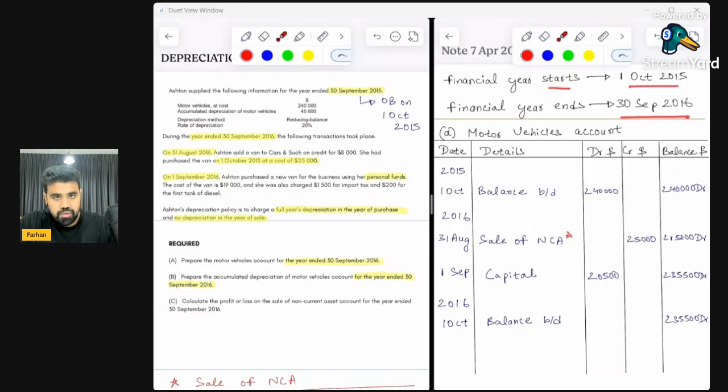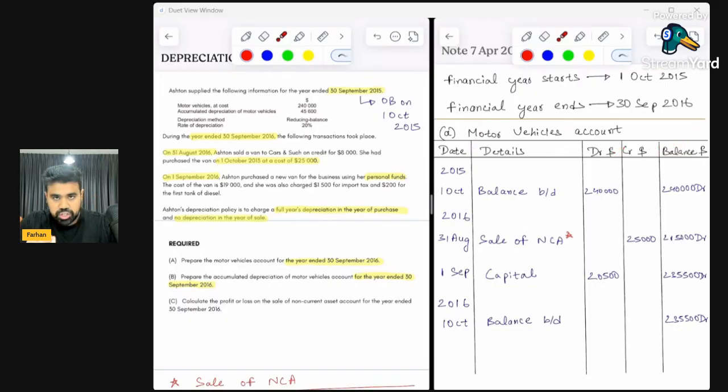The requirement of the first part of the question is to prepare the motor vehicles account. And here I have got the ledger account for the motor vehicles, which is represented by the usual 5-column format. As you can see, the 5 columns are date, details, debit, credit, and the net balance. Now, I need your attention in the question.